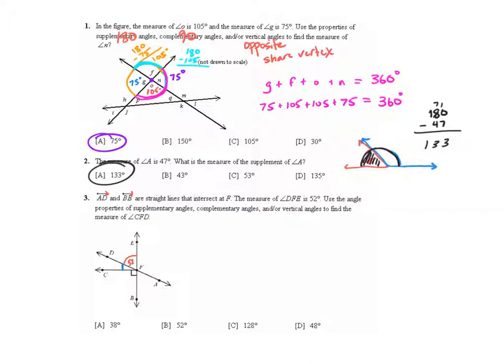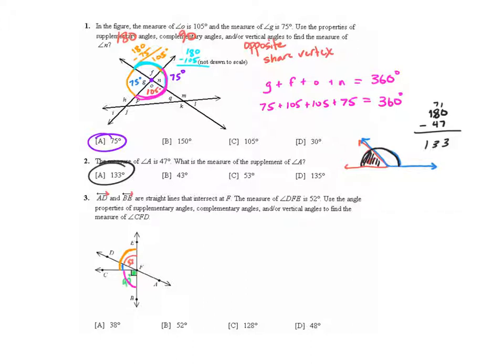Well, we know that angle CFB, this angle right here, is a right angle, which means it has a measure of 90 degrees. We also know that angle CFB and angle CFE, this full angle right here, are supplementary.